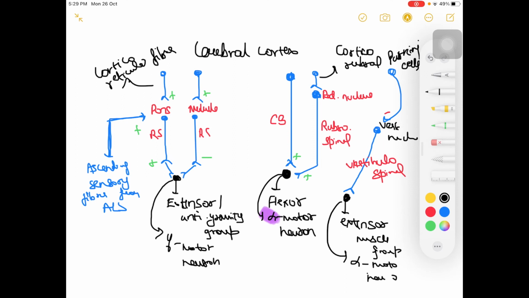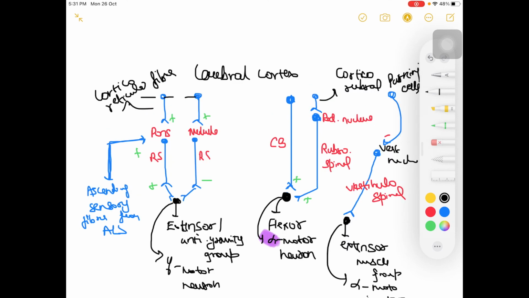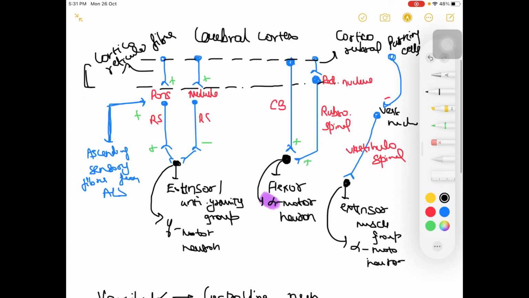So yes, now we have summarized all of the tracts, and now we have also summarized a diagram for where is this control coming. So these lines are made from, these are cortex fibers, and now then we have these brainstem pathways or brainstem tracts. So this is how we can summarize them on the basis of our knowledge.